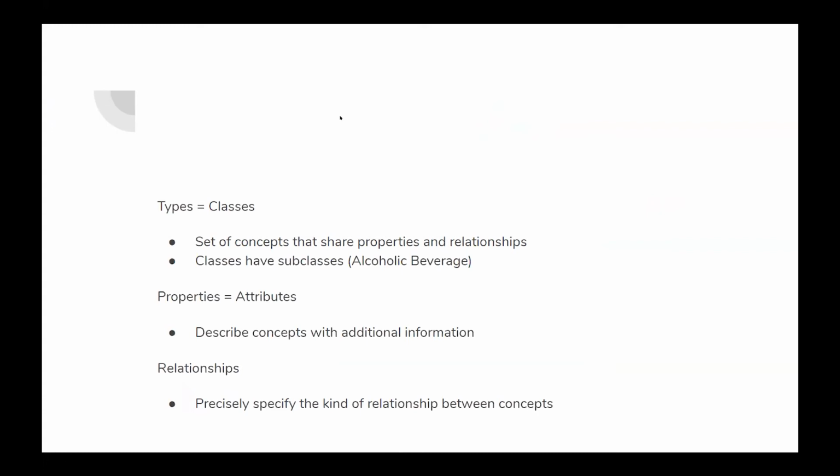So the types of classes. Basically you have a subclass. This time we did alcoholic beverage. Of course, don't underage drink. So we have an alcoholic beverage, and that's a subclass to the class beverage, because this is a more specific example of it.